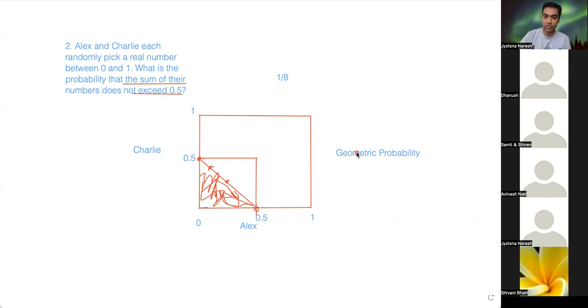Any questions on this? Okay, let's move to the third one.